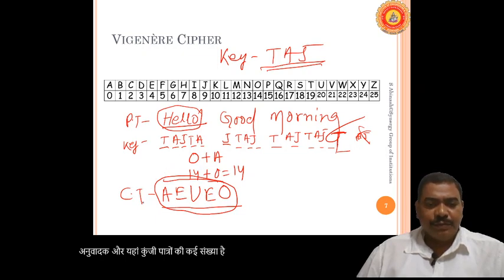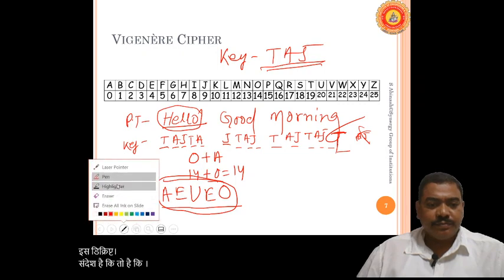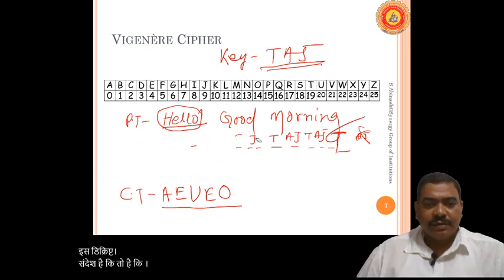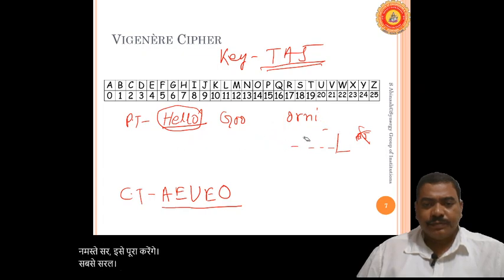And in the same process, we can decrypt this message. I hope you will complete this sentence. This is very simple, the simplest one. Now the ciphertext is given and the key is given.